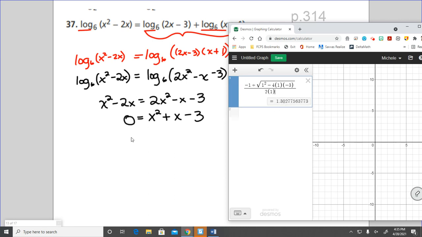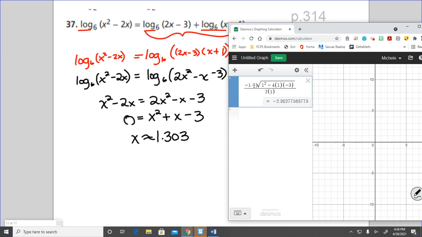So I'm getting that x is approximately 1.303.